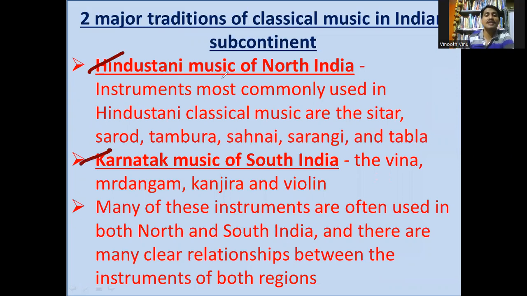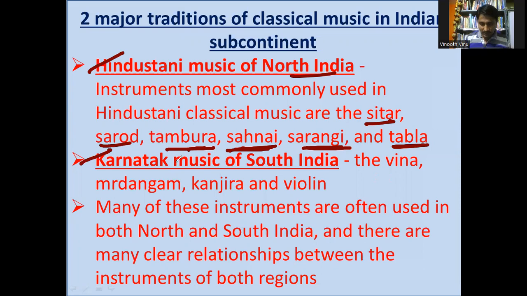Instruments most commonly used in Hindustani classical music are sitar, sarod, tambura, shahanai, sarangi, tabla. These are the North Indian Hindustani music instruments.